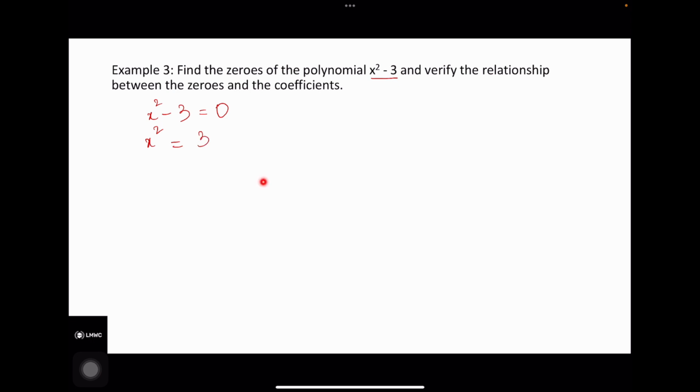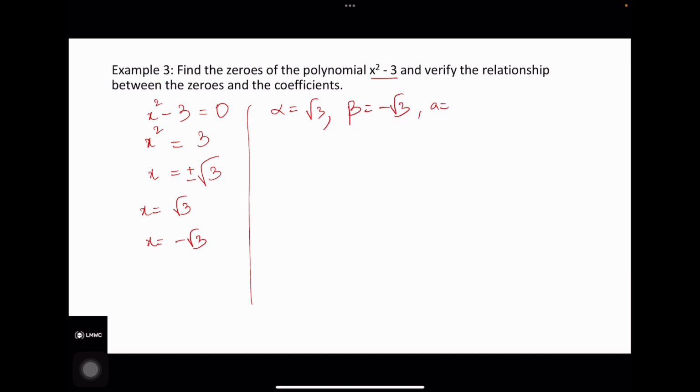And I don't need a square, so I'm going to take the square to the other side, which will give me root of 3 with the sign positive and negative. Therefore, the zeros are plus root 3 as well as minus root of 3, which I can name as alpha being root of 3, beta being negative root of 3.